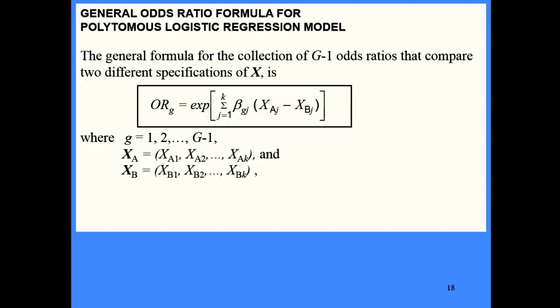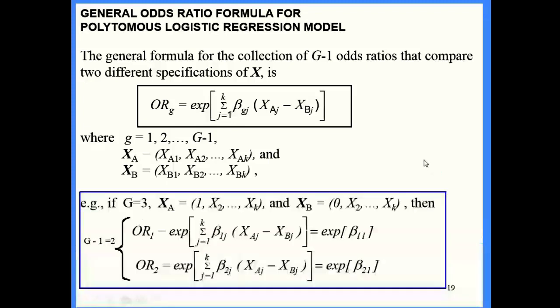You have to compare person X star versus X. In this case, I'm comparing person A with person B. So this is the X value for person A, and this is the X value for person B. That's the difference. It's just a little notational difference. Maybe I could have put an X star J and X without a star J. But I'm just saying the two different people are called person A and person B instead of person X star and person X. And that's the formula for the model.